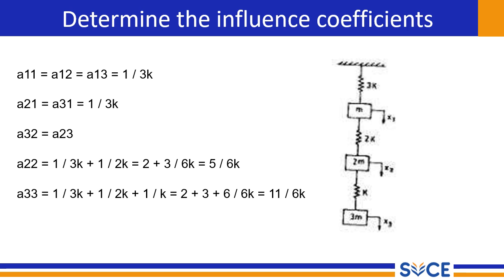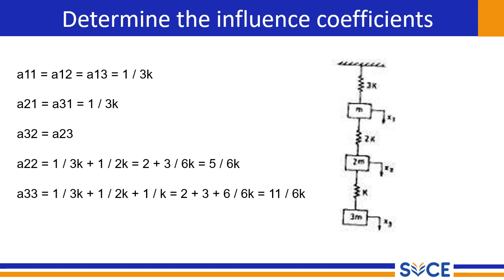So, it is 1 by 3K. Unit force on the first mass will extend the spring by 1 by 3K, causing all the masses below it to also move down by the same amount. So, A21 is also equal to A31.